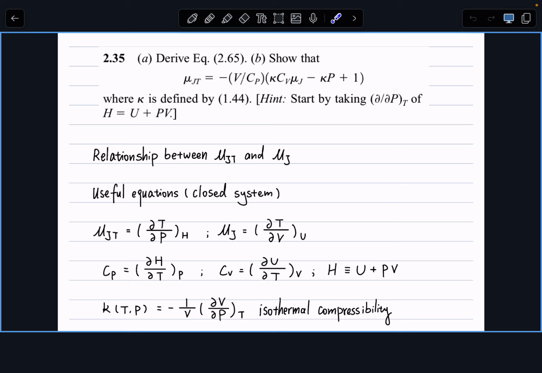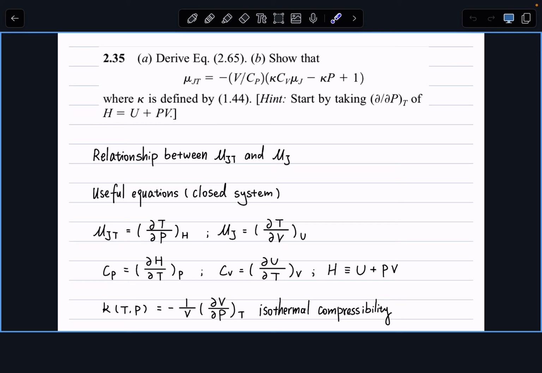And after writing it out, you'll soon find that we have three variables interconnected with each other. Whenever you see this happen, it's a good hint to use the cyclic chain rule. The equation we're using is dz over dx at constant y, times dx over dy at constant z, times dy over dz at constant x, equals negative 1.